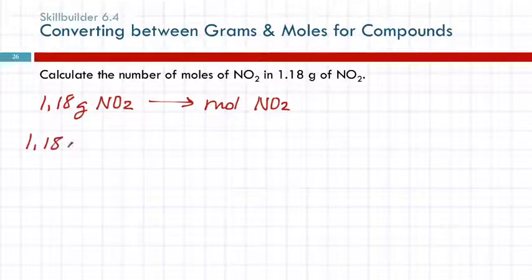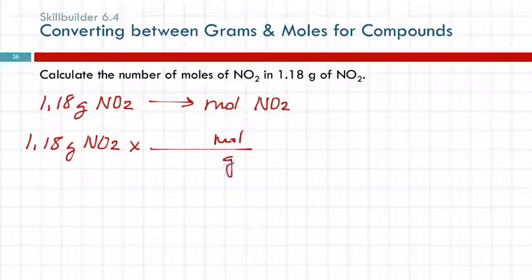Grams to moles is one step. Put moles up here and grams down here, the units cancel out, everything's good. We need a number. We need to do a calculation because NO2 is not on the periodic table. Right? N is on the periodic table and O, but not NO2.